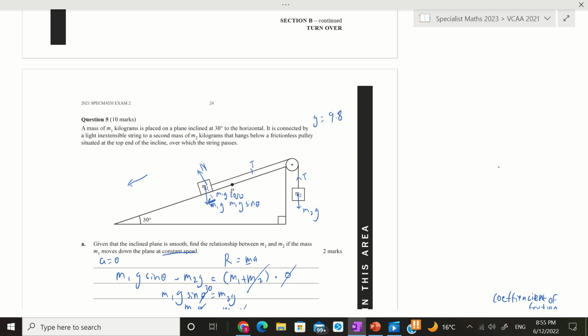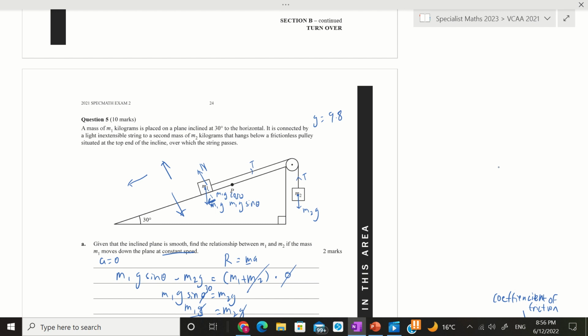Well, obviously this mass m1 only moves parallel to the plane. It doesn't move upwards, it doesn't move downwards. So why doesn't m1 accelerate this way or this way? Because we know these forces are balanced.